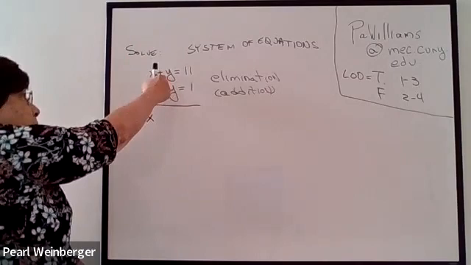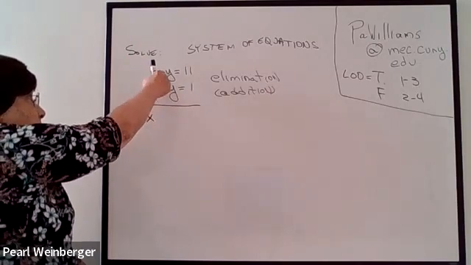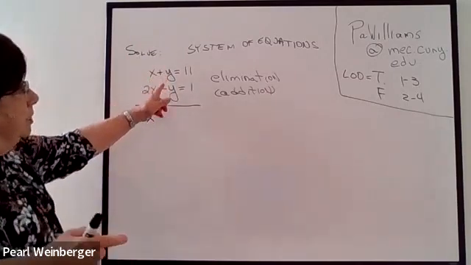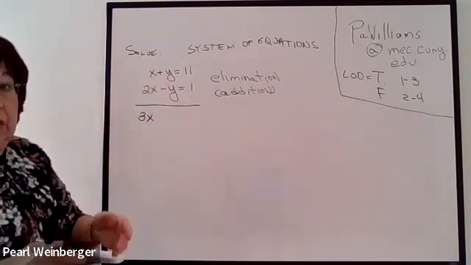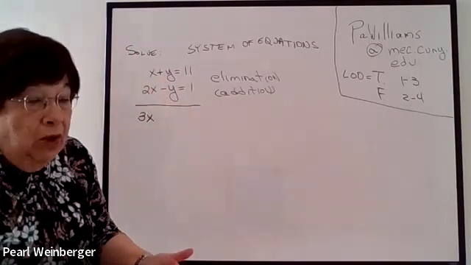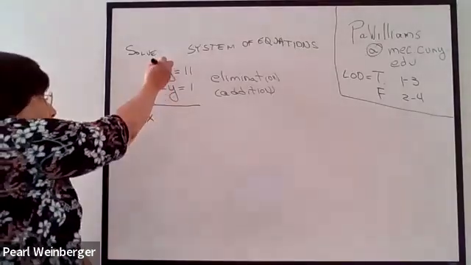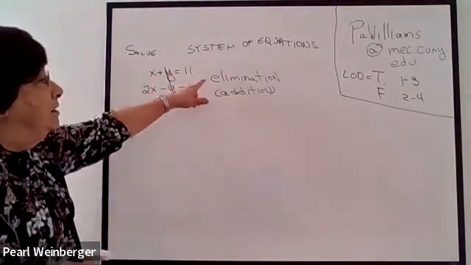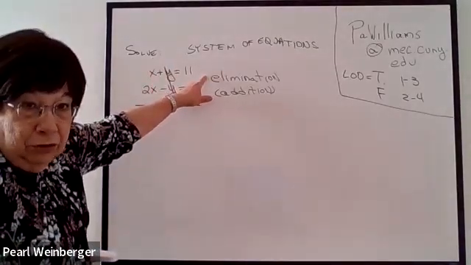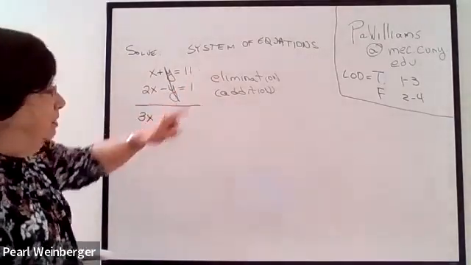And then when we add the y and the negative y, they both have ones in front of them that we understand. A +1 and a -1 give us 0, so there's no y left. The y just cancels out. The y is eliminated. That's why it's also called the elimination method.